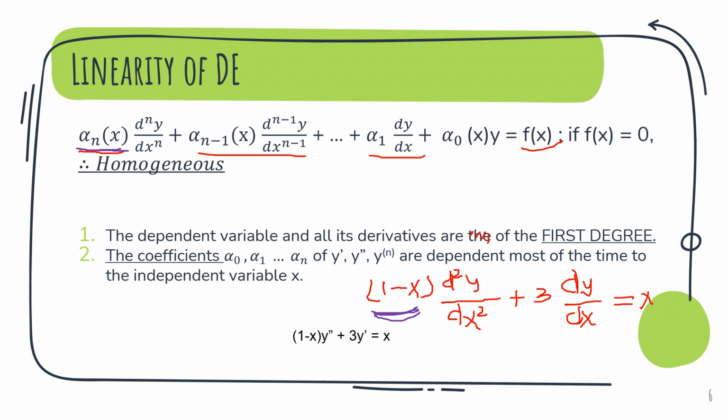Then the second derivative of y with respect to x plus 3 dy dx times dy dx. Nakuha natin tong part na to. Pwede naman kasi tong a sub 1 na in purely terms of x or constant.